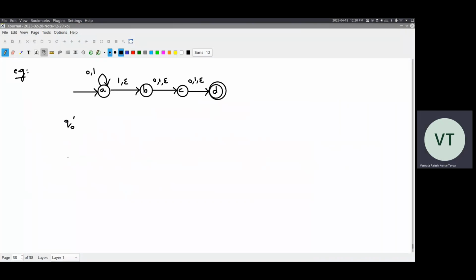That is the start state of the equivalent DFA. What will that be? What? AB, CD. Set. Any other answers?